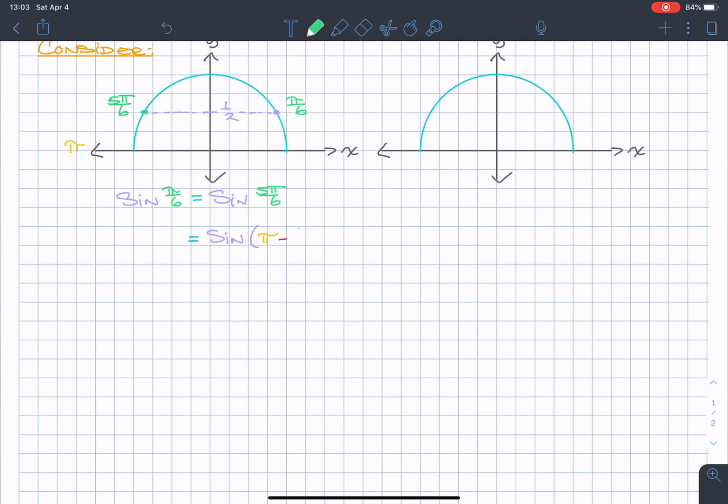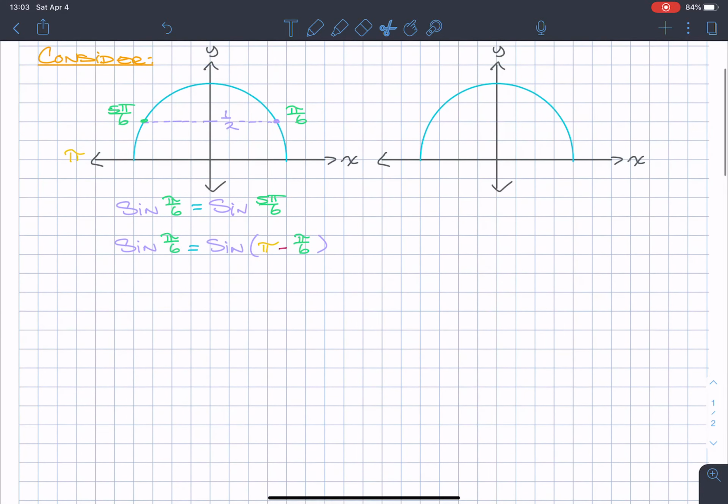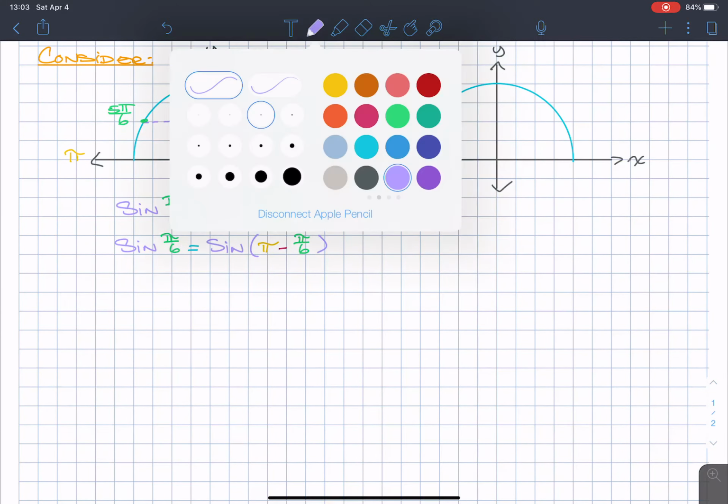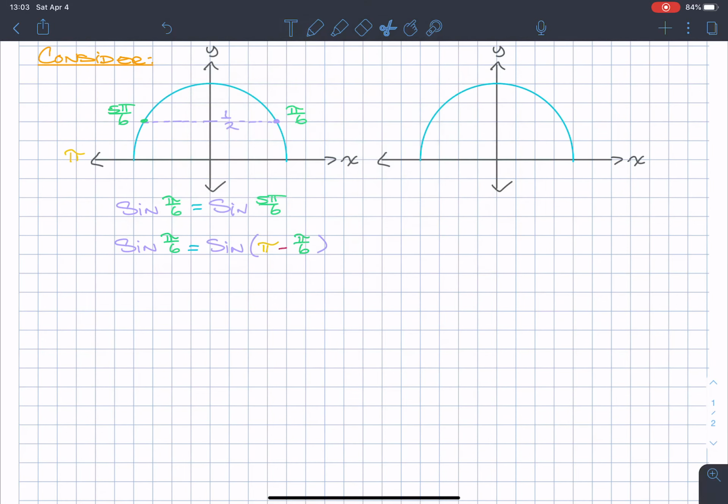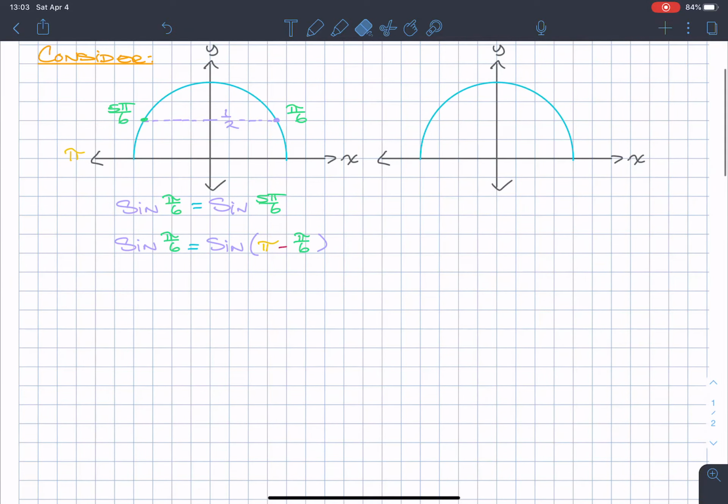Agreed? So sine of pi over 6 is the same as sine of pi minus pi over 6. And I'll come back to that in a moment. Okay, so now, I'm going to continue this circle, actually.